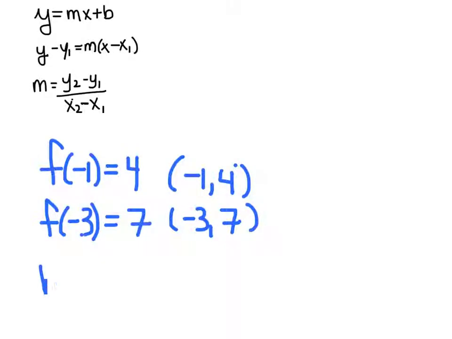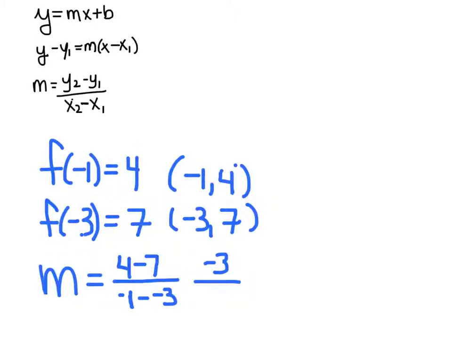And you would find the slope. To go from 4 to 7, you have to go up 3, and to go from negative 1 to negative 3, you have to go to the left 2, and the slope is negative 3 halves.